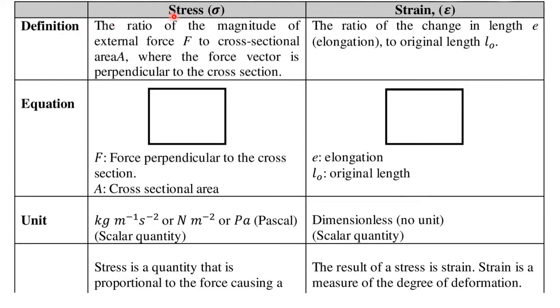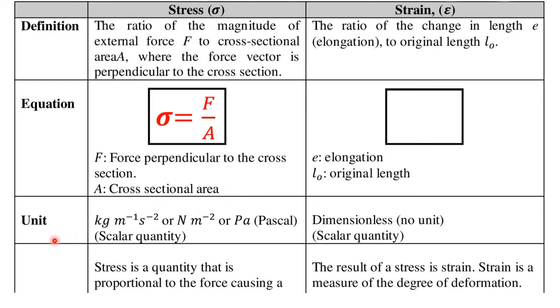Definition for stress is the ratio of the magnitude of external force F to cross-sectional area A, where the force is perpendicular to the cross-section. Equation for stress is stress equals F over A, where F is the force perpendicular to the cross-section in unit Newton and A is cross-sectional area in unit meter squared.